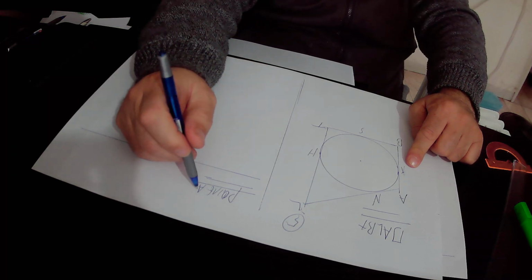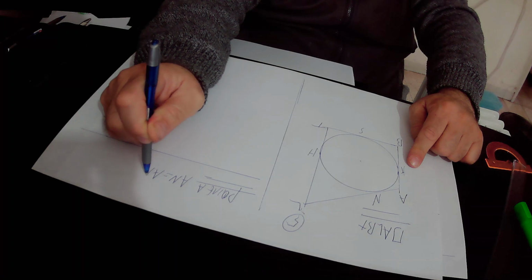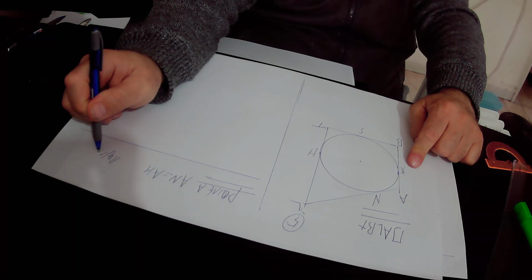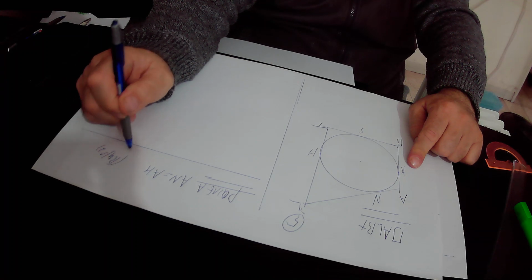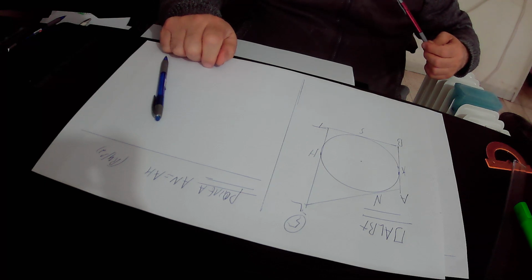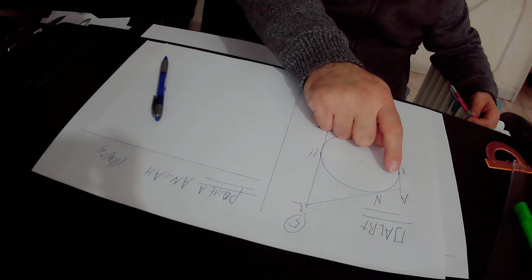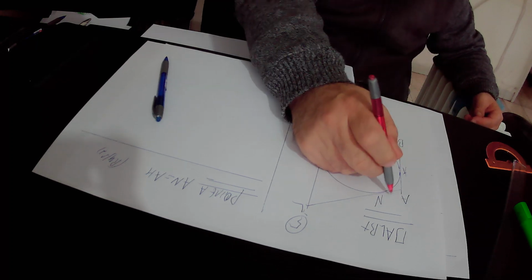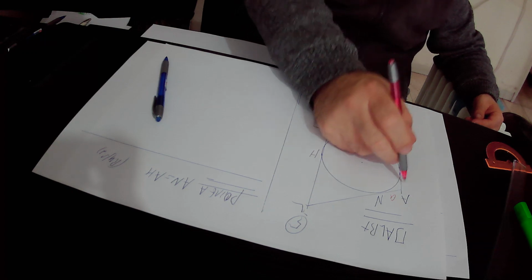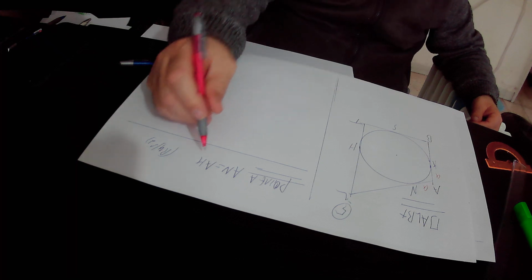So AM equals AK according to rule 2. So if we define the length of AM as a, then the length of AK must also be equal to a because they are equal to each other. So AM equals AK equals a.